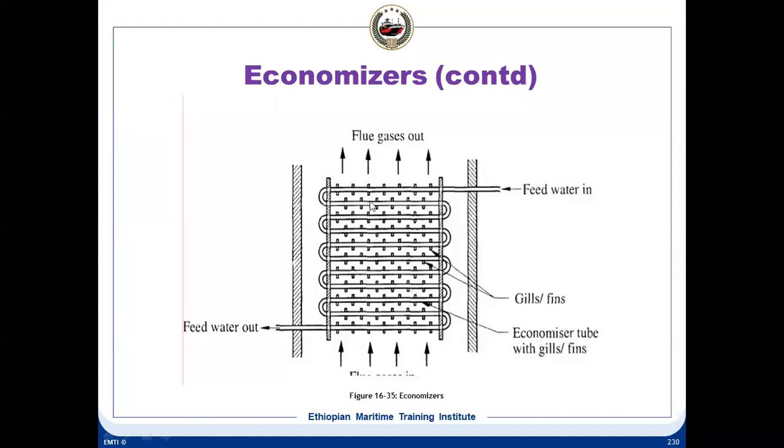And suddenly, if you find that this temperature probe is reading higher than this one, that means you have a problem. That means all the soot collected in these gills and fins has started burning.